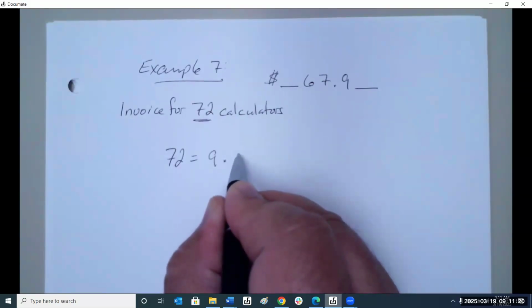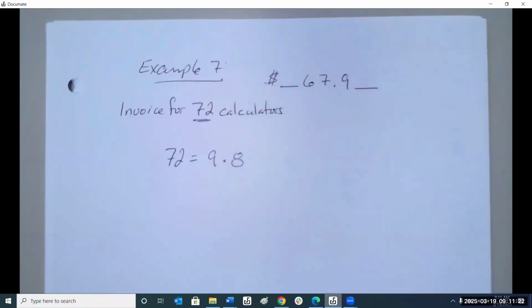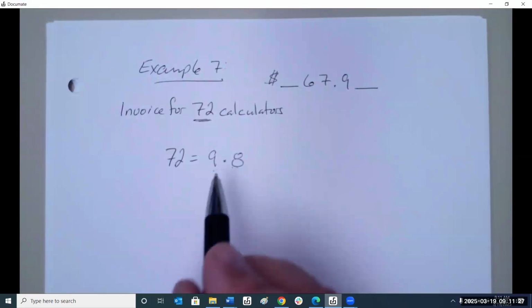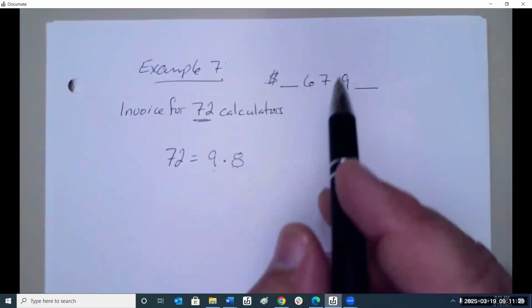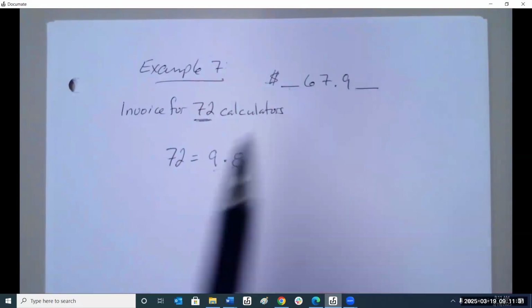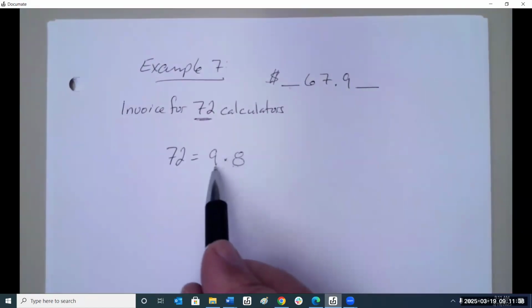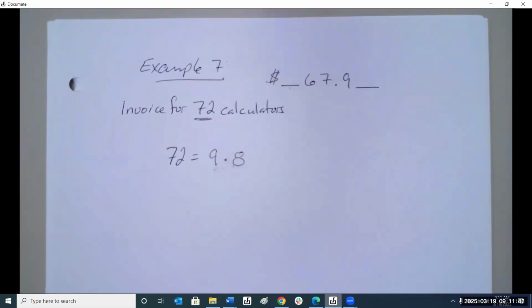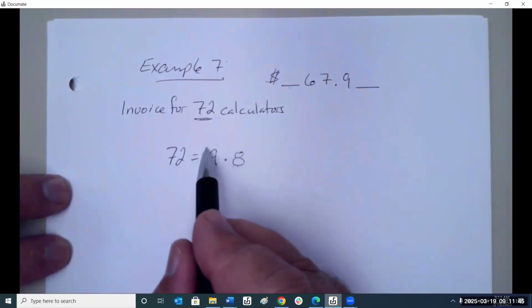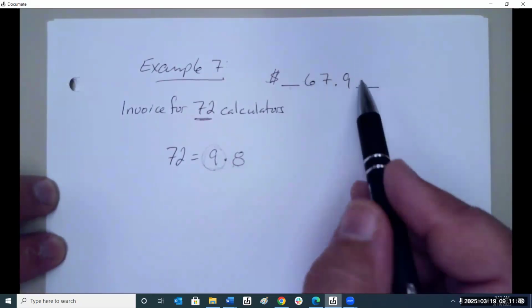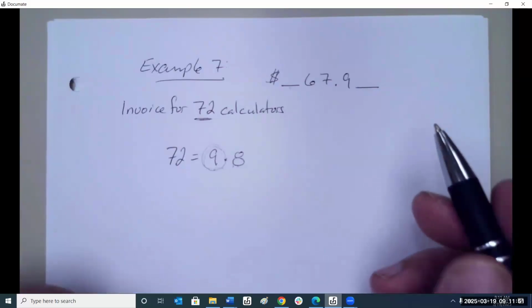Times. Right. Since we know these are the numbers that have to be involved in it, those have a direct meaning of what happens there. Let's see about 9. Since 72 calculators has to be divisible by 9, well, how do we figure out this number is divisible by 9? Have to add up.